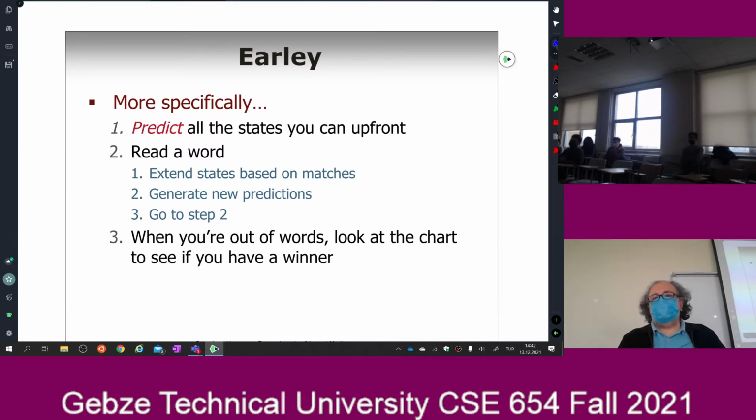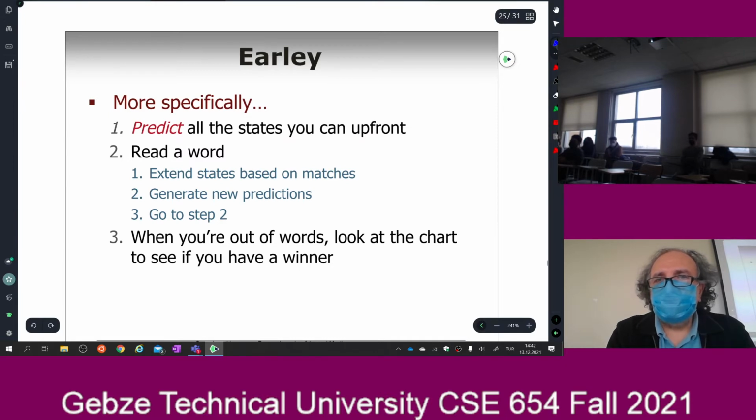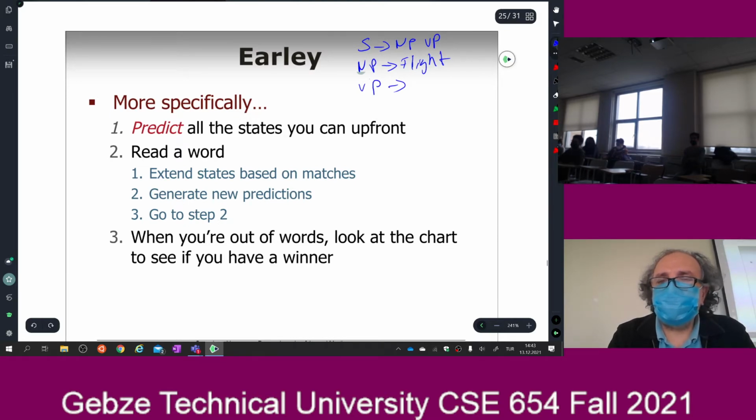What does that mean? Let's look at a very simple grammar. S is a noun phrase and a verb phrase, and then our noun phrase is simply a noun, or maybe just a flight.